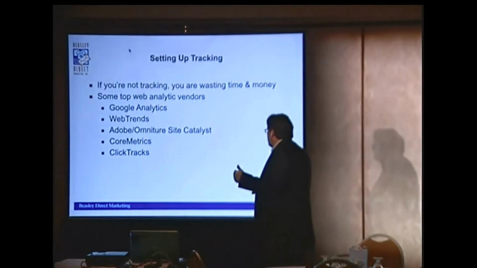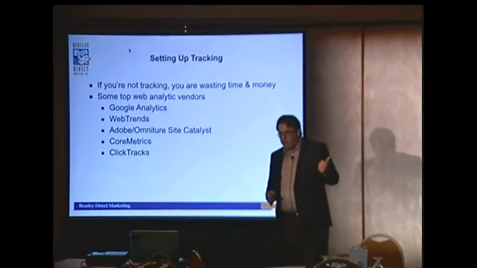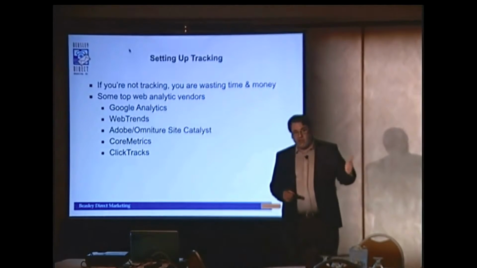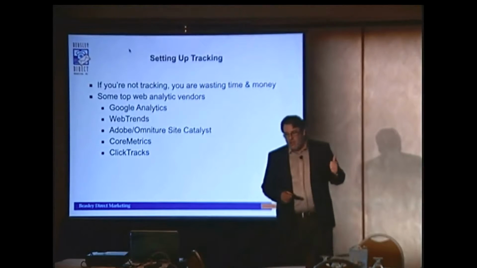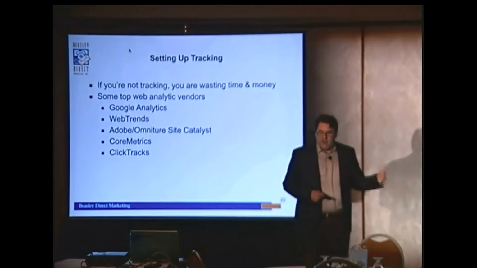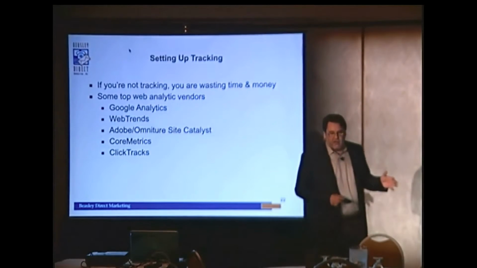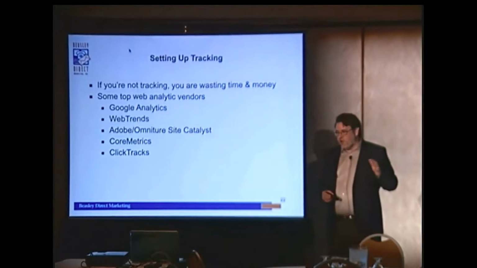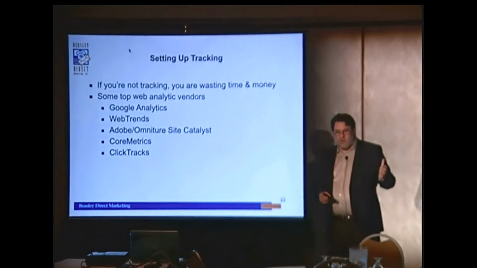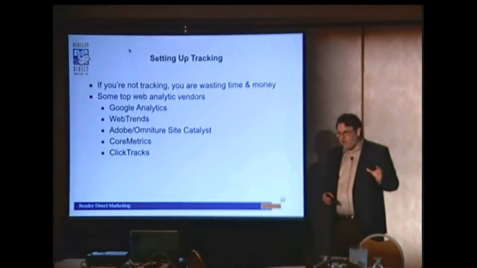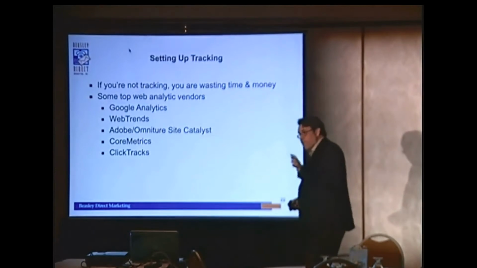In addition to Google Analytics, we have Web Trends, second tier player, but they kind of founded the space. Then we have Adobe Omniture's Site Catalyst. I believe they're calling it Marketing Cloud now. Those three are your big ones, and a lot of times you'll see people running 2 out of the 3.